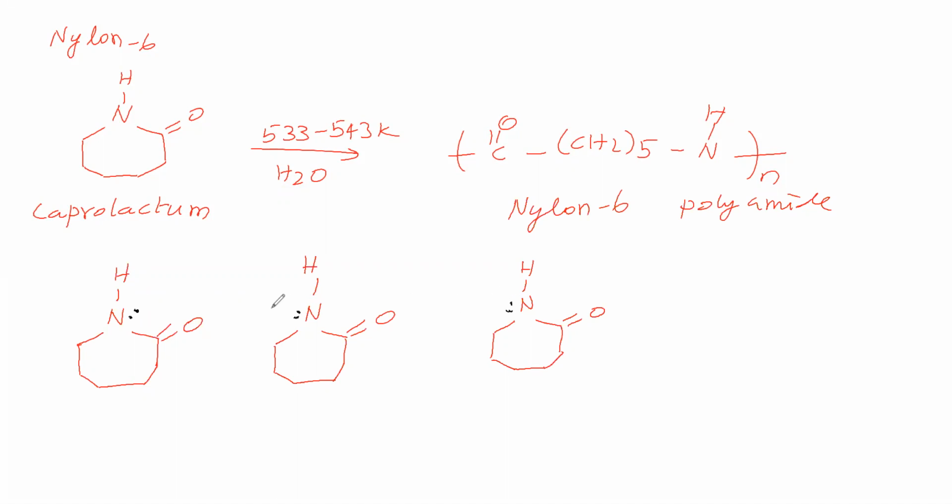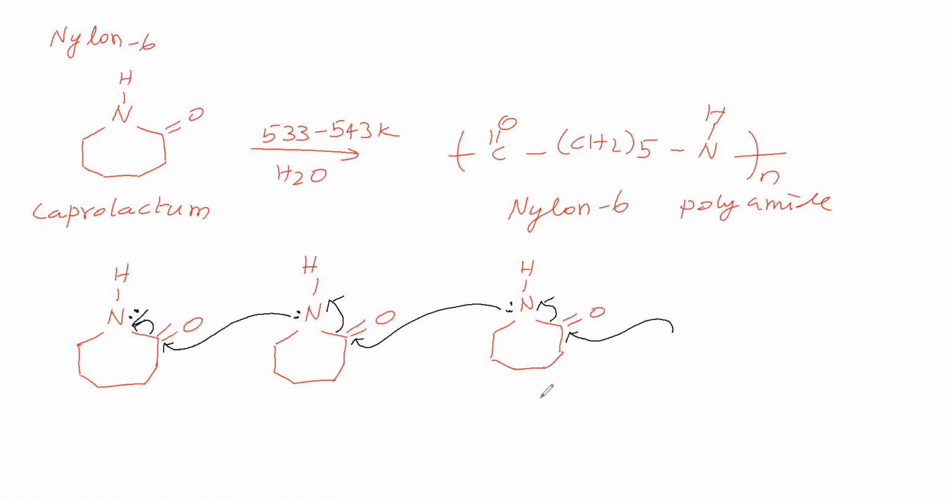This nitrogen attacks this carbon, therefore the pi bond will shift and this bond migrates this side. Then this N attacks this carbon, and the bond migrates like this. Then the next N will attack this carbon, and this bond will migrate like this.